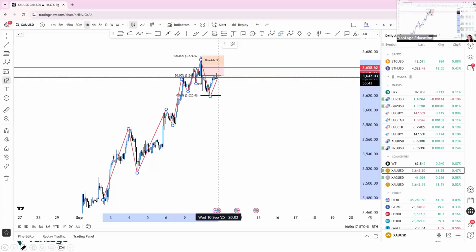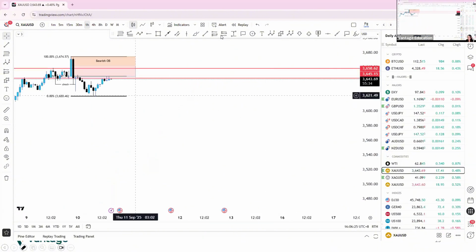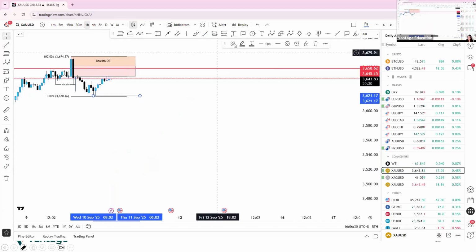Break below, pull back, maybe here and go down, or maybe here and go down. And if price can close below this level, we're gonna mark it as a break of structure.